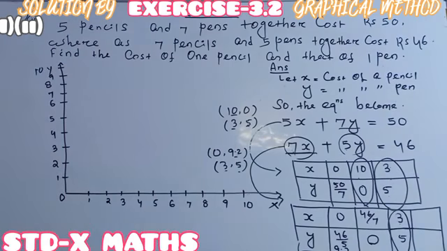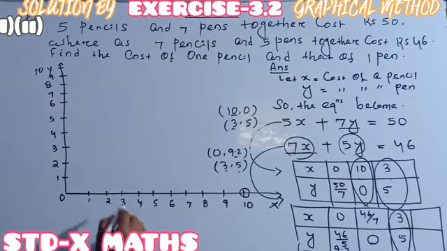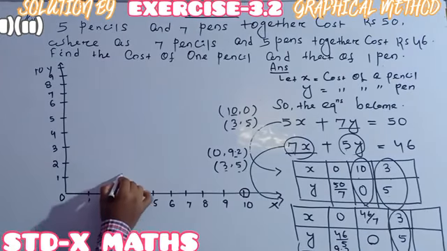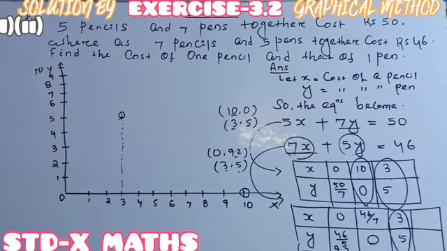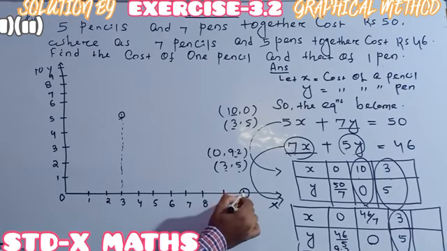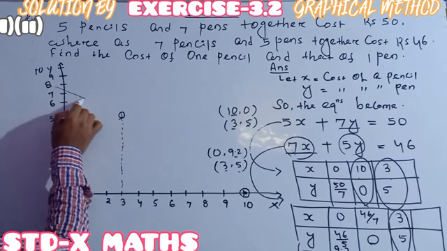The first point is (10, 0). See, (10, 0) is here. (3, 5) means this point is our (3, 5). So (10, 0) is here and (3, 5) is here.